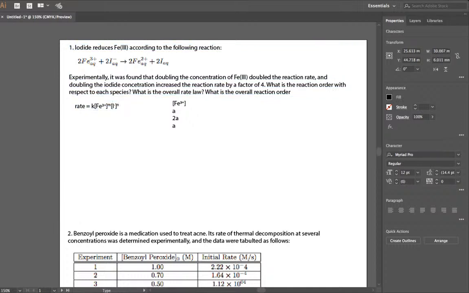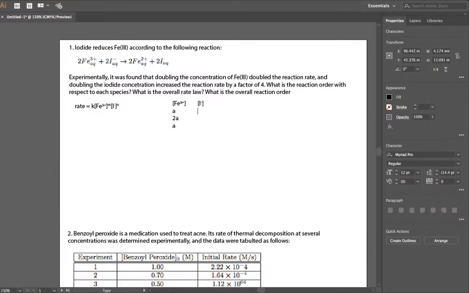The second row would be the I minus concentration, so let me copy this and paste it on the other side.